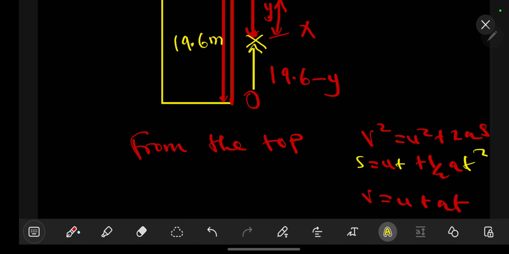So when we look at the one from the top, we are going to say our S, let's call this one S top, should be equal to UT plus half AT squared.